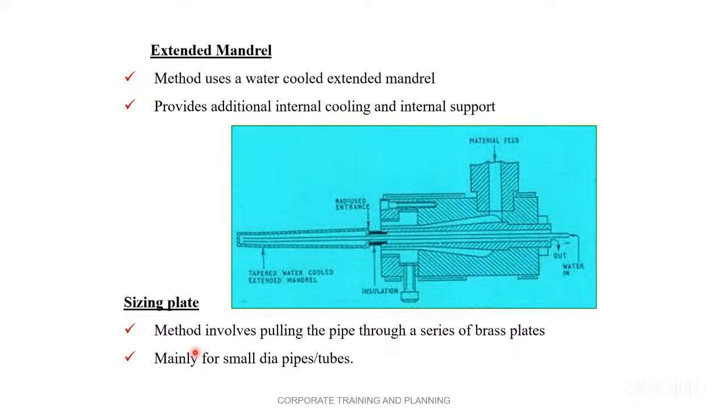The pipe takes its size when it is drawn through a series of brass or stainless steel plates. Now, if you see, the thickness of these plates is 3 to 6 mm. And here, if you see the size of the first plate and the size of the last plate, the diameter is higher in the first plate and the diameter is lowest in the last plate, where the pipe exits.